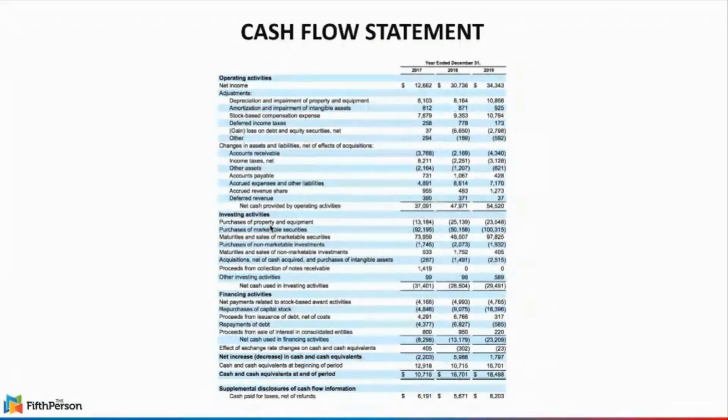Another one we call the maintenance CapEx. Most of the time, companies every year have to spend money on the maintenance CapEx to keep the business going. You cannot escape without spending maintenance CapEx because you need that to keep the operation going.